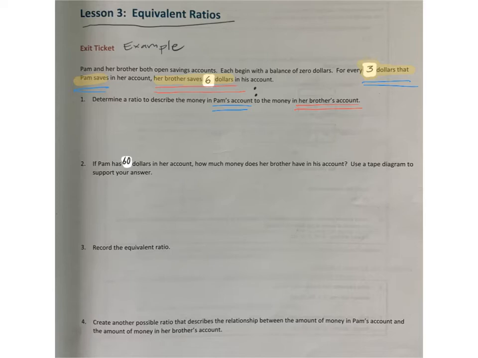So for the ratio, we're really just taking Pam's account. P is Pam's account, and the colon comes down here. Her brother's account is B for brother. We'll take his $6 and plug it in over on this side.